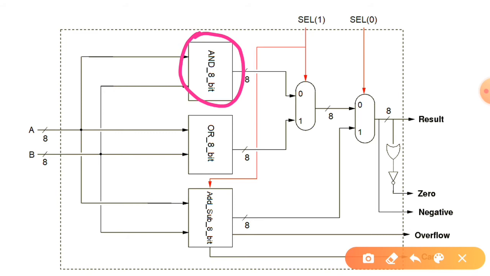As we know, both A and B, these two operands, are of 8 bits. So to get the output, we need bitwise AND operation. That means A0 will be ANDed with B0, A1 will be ANDed with B1, and in the same way A7 will be ANDed with B7 in order to obtain the output. Similarly, this OR 8-bit sub-module is responsible for performing the OR operation, and as you can understand, it needs 8 OR gates in order to implement this OR operation, A or B.